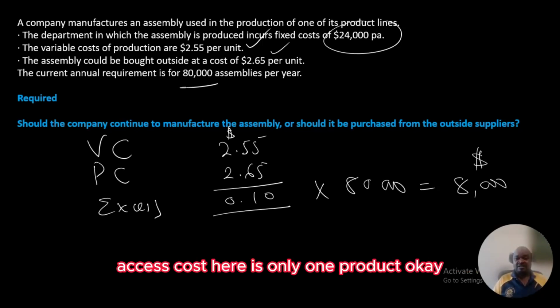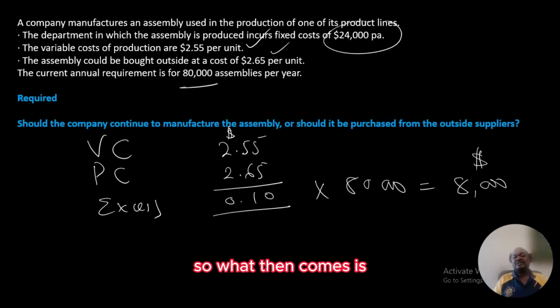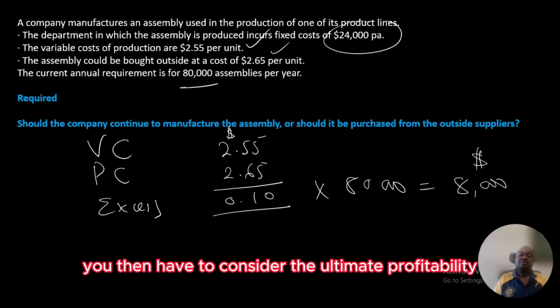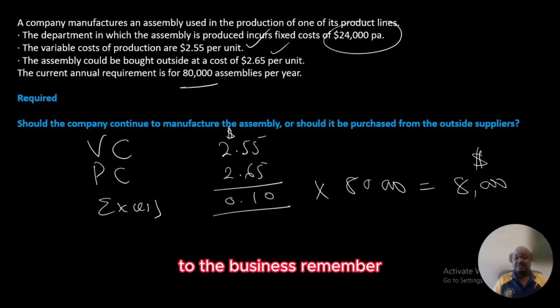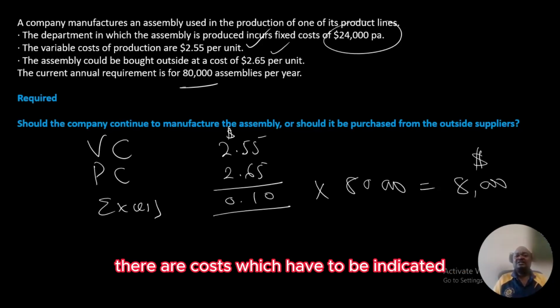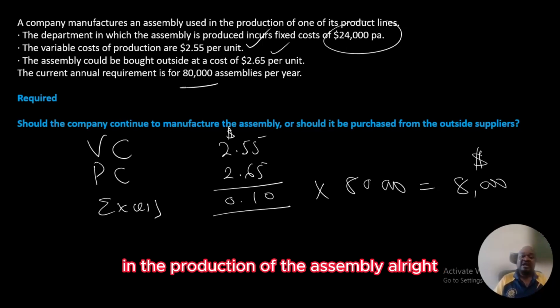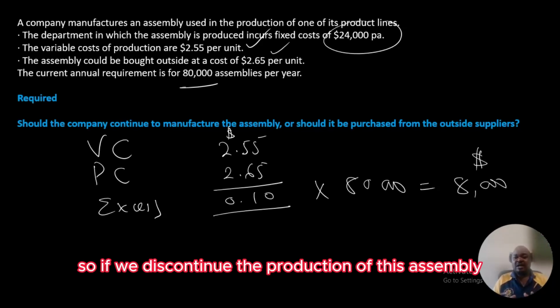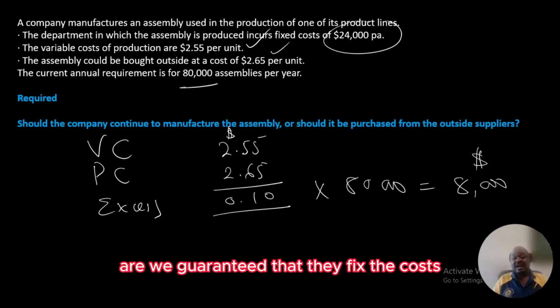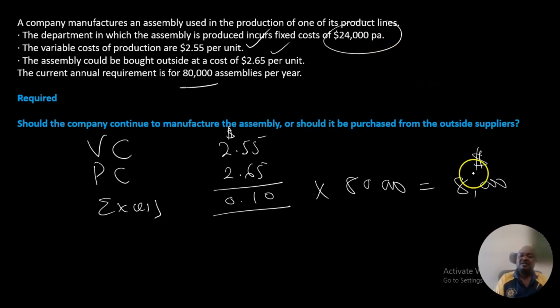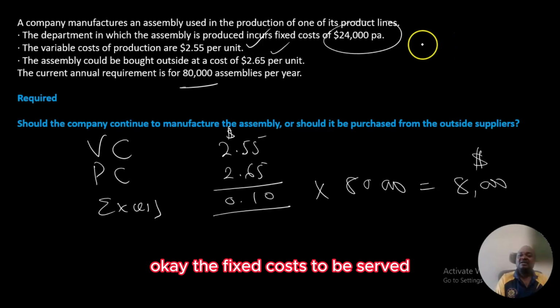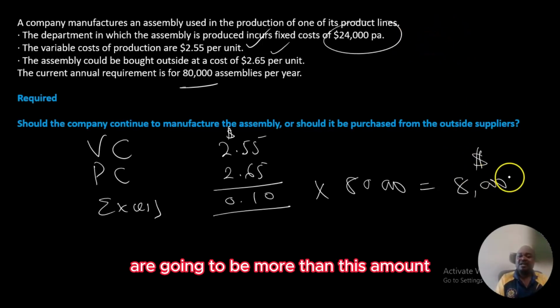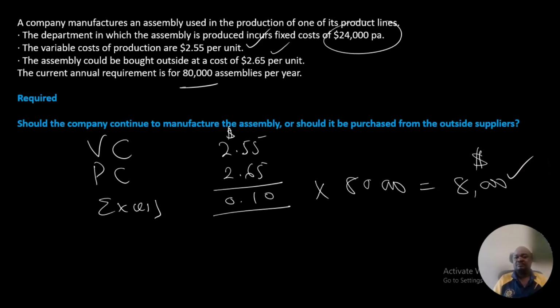Here is only one product. So what then comes is you have to consider the ultimate profitability to the business. Remember, there are costs which have to be incurred in the production of the assembly. All right, so if we discontinue the production of this assembly, are we guaranteed that the fixed costs to be saved are going to be more than this amount? Are we together?